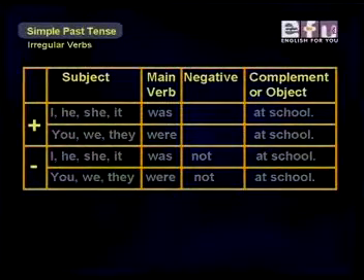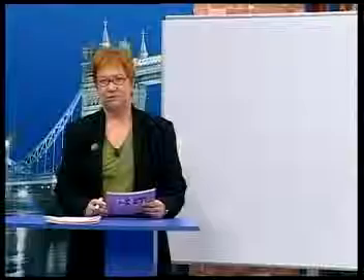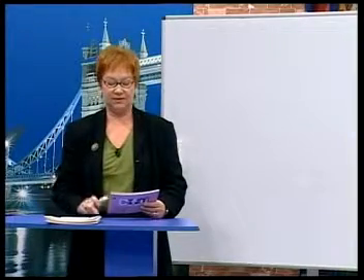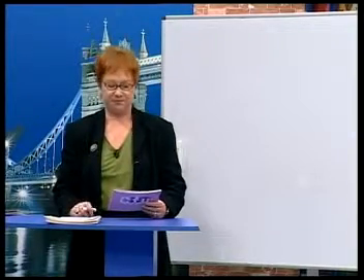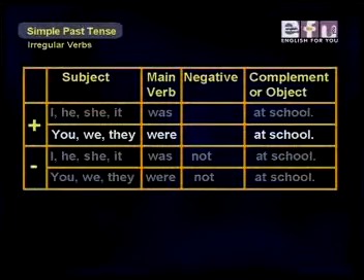Now, if you look at the screen, look at the examples on the screen, you can see how the sentences are put together. Now, we have subject, main verb, and complement. I, he, she, it was at school. I was at school. Subject, main verb, complement. Another example for positive, you, we, they were at school.